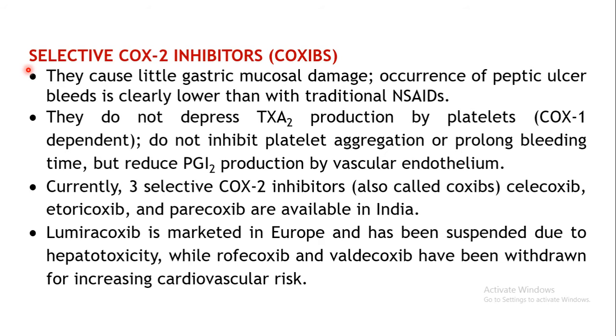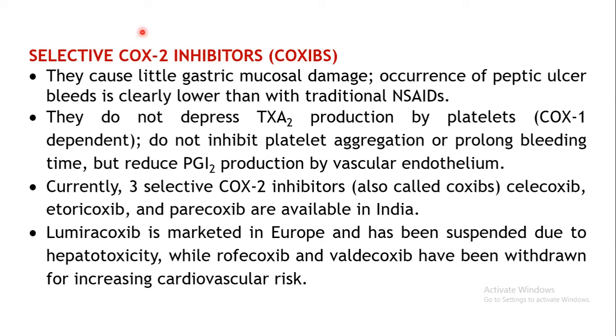Then coming to the next class, that is selective COX-2 inhibitors. These are also known as COXIBs. So far we have seen non-selective COX inhibitors and preferential COX-2 inhibitors, which have a greater propensity to inhibit COX-2. But later on, certain new agents were discovered which have selective COX-2 inhibitor property.